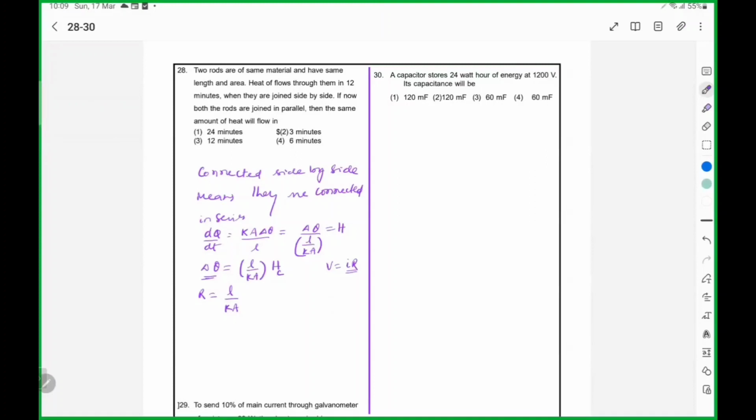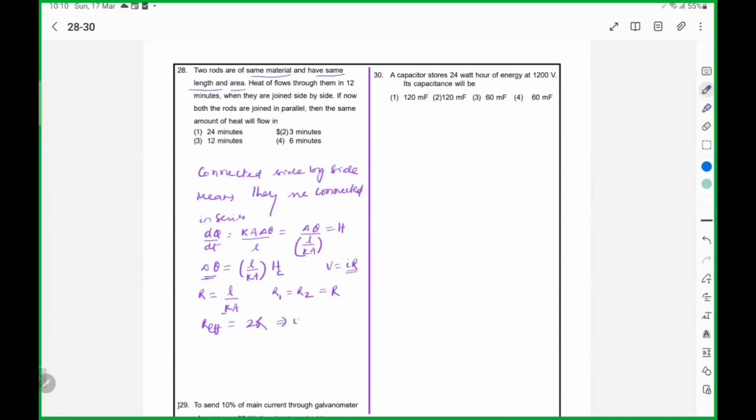So both the rods are same material, means K is same. Same length and area. Then the resistances are equal. So once they are connected in series, effective resistance is 2R.